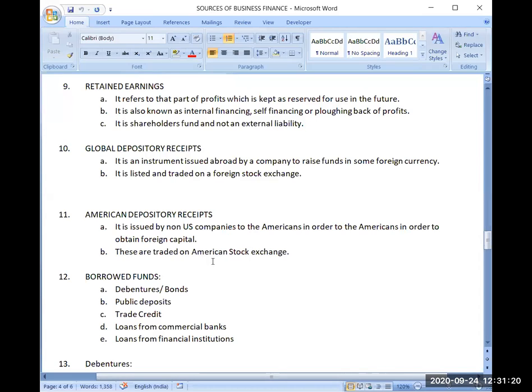So, what is the result of preparing profit and loss account?